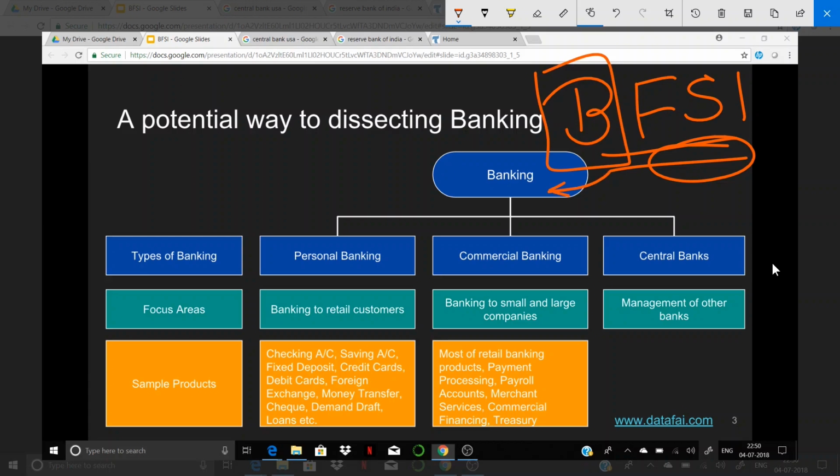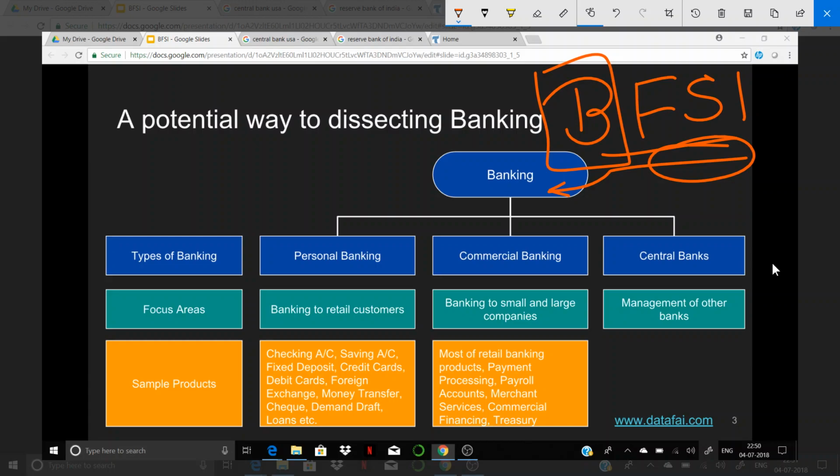And we will be talking about the financial services and insurance in a couple of slides. But let's just look at how we really define banking and what banking is all about, right? And this is just one of the potential ways of dissecting the banking industry. There are many ways of doing that, but this is one of the most common ways of dissecting the banking industry, right?